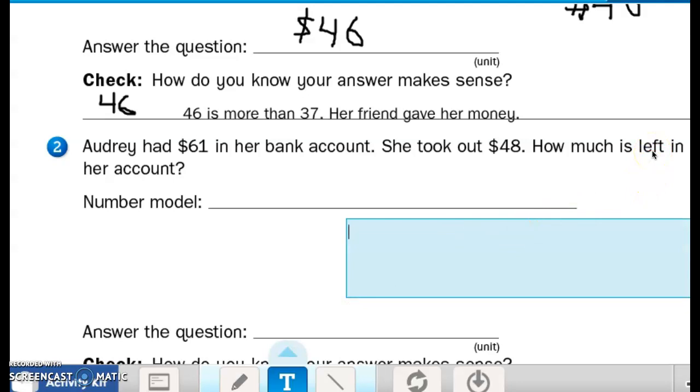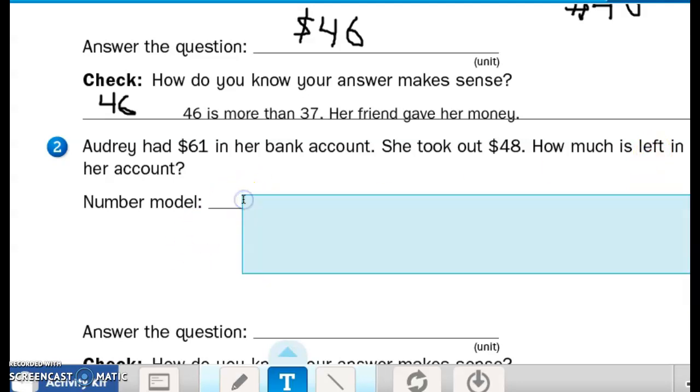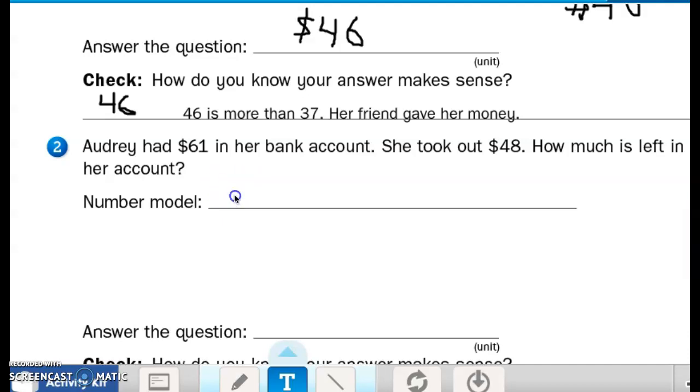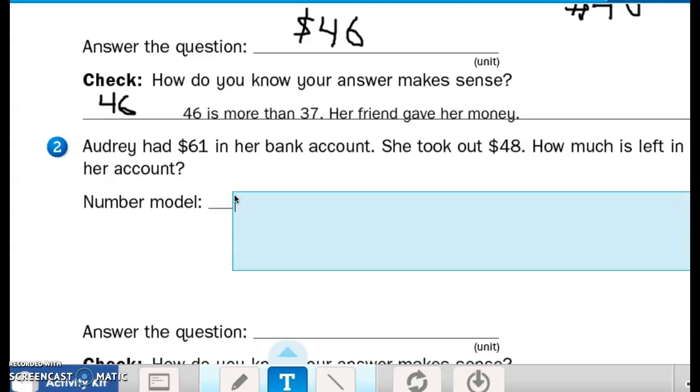That is a subtraction. So our number model is going to be over here. I'm going to try to type it in here. 61 minus 48 equals, we don't know. That's what we've got to figure out.